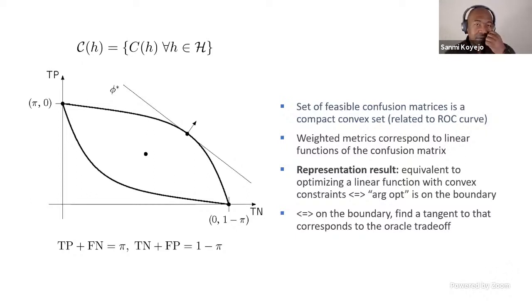And so the reason this is interesting in our setting is we can exploit the fact that optimal trade-offs always correspond to these tangent planes on the boundary of the feasible confusion matrices. Instead of searching for the best metrics everywhere in the space, which corresponds to searching for the best trade-offs in all the feasible trade-offs, we can reduce our search to only searching along the boundary.